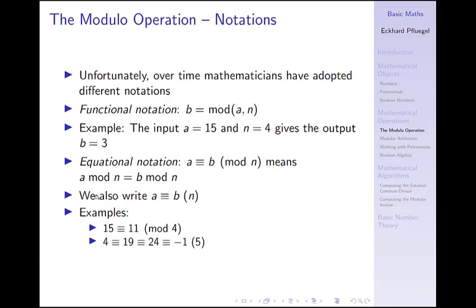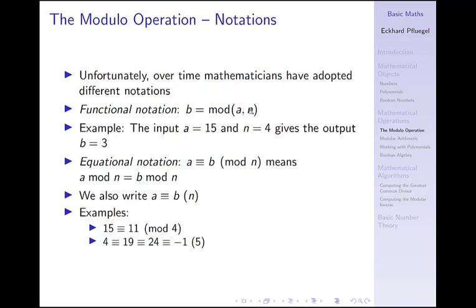So first of all, there is a functional notation, and that might be particularly useful for you if you are a computer scientist or you're somehow used to having a function name written and you think of the input and the output of that function. So why not call the modular function here mod, and it takes as input the number a and then what we call the modulus.